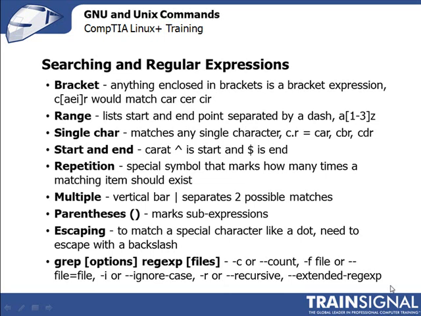The next is a range, and that's included inside brackets, but is separated by a dash. The single character is represented by a dot and matches any single character in a group. For instance, C.R is equal to CAR, CBR, or CDR. The start of a line is indicated by a caret symbol, and the end of a line by a $ sign.